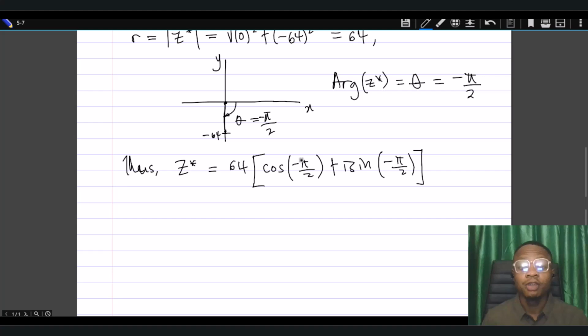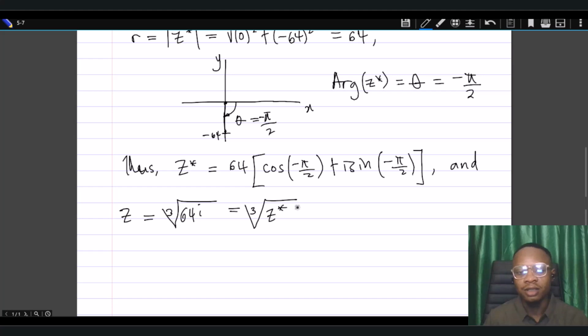So with this, we can now find the root. So this is it. And z, which is equal to the cube root of minus 64i, is equal to the cube root of z star.